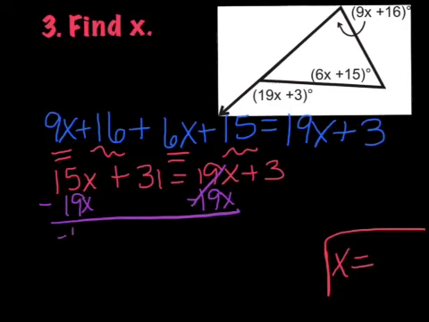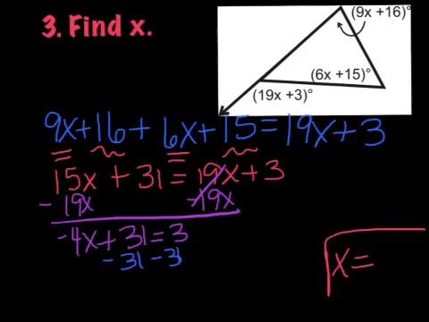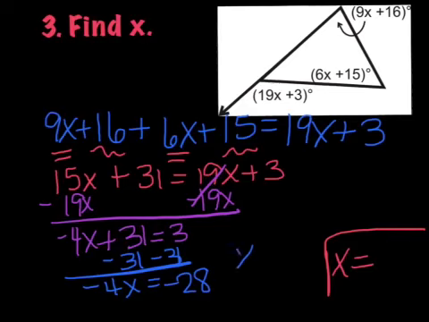That gives me negative 4x plus 31 equals 3. Subtract 31, and we get negative 4x equals negative 28. Divide both sides by negative 4, and we get 7. So all we had to do was solve for x, so we did that. We got that x equals 7.